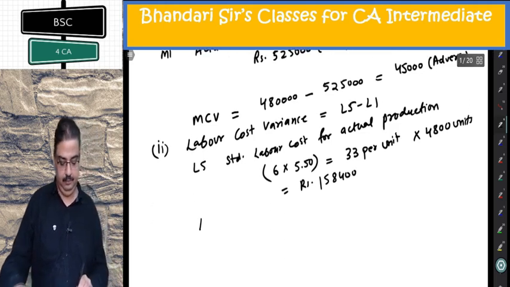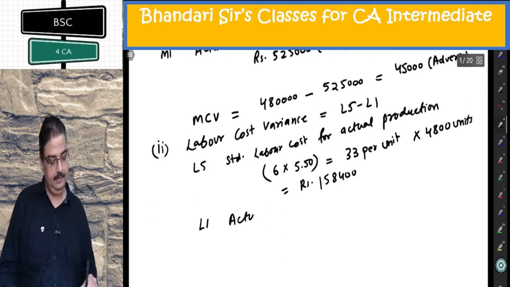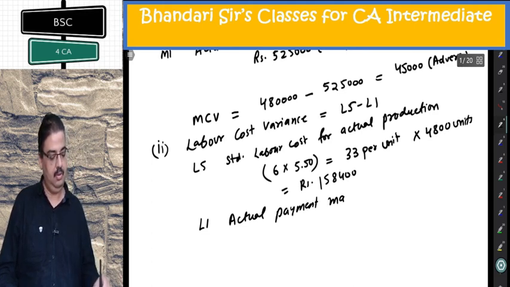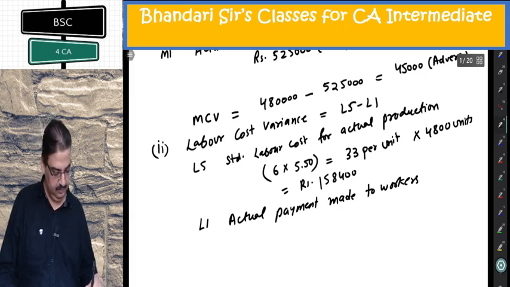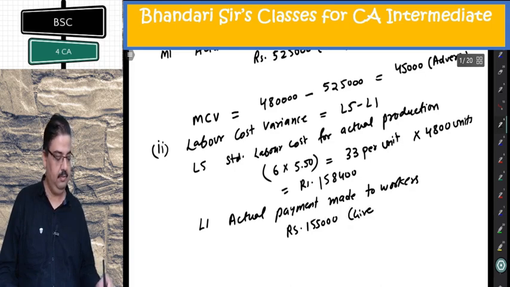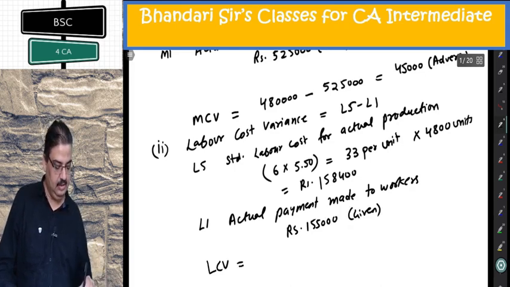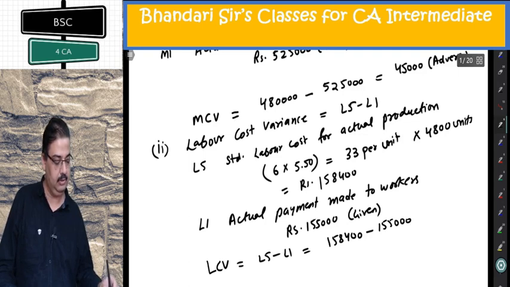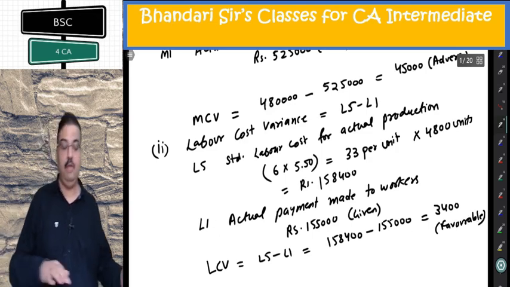L1, actual payment made to workers, 1,55,000 given. LCV L5 minus L1, 158,400 minus 1,55,000. 3,400 favorable.